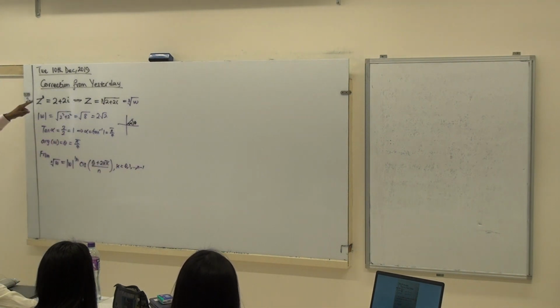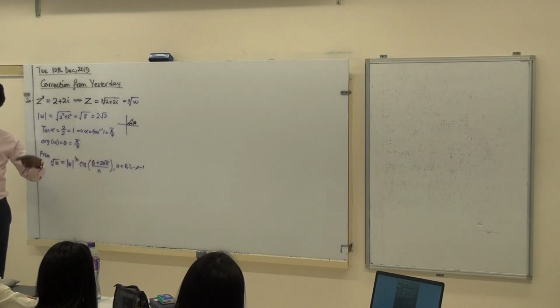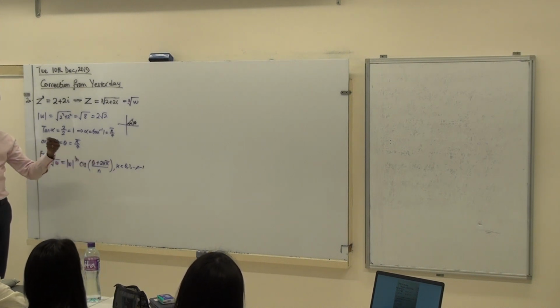Now we are asking for cube roots, so there are 3 of them. Our k will be 0, 1, and 2.